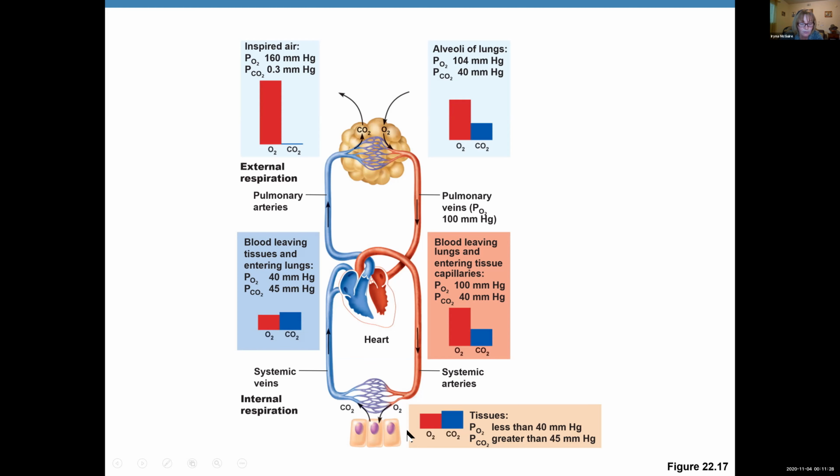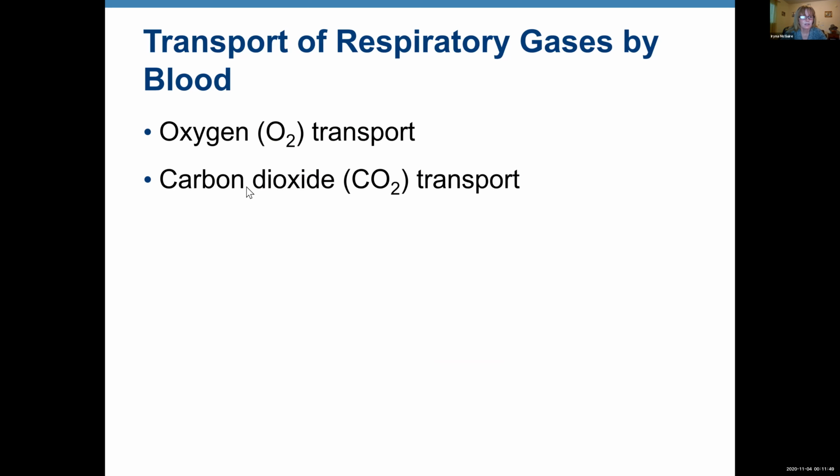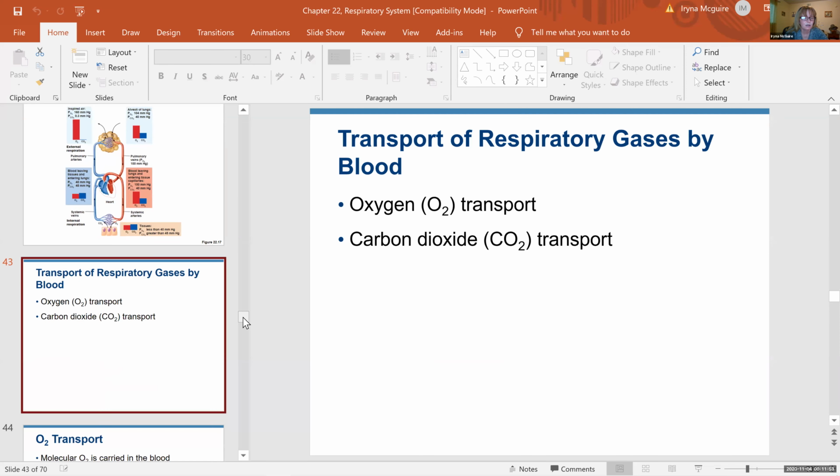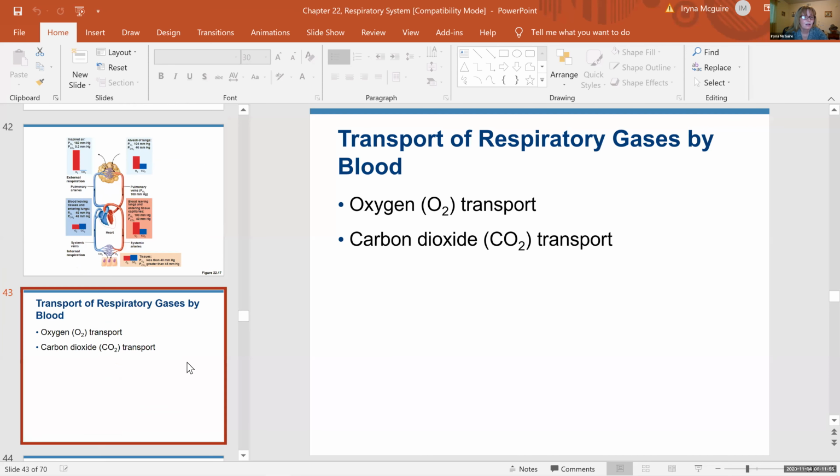And we have 45 or even a little bit higher carbon dioxide in the tissue, and over here we have 40, so carbon dioxide moves in, and that's why returning blood became 40, 45, similar to your tissue. And that returns back to the heart, right? So makes sense? Okay. So that's our external and internal respiration.